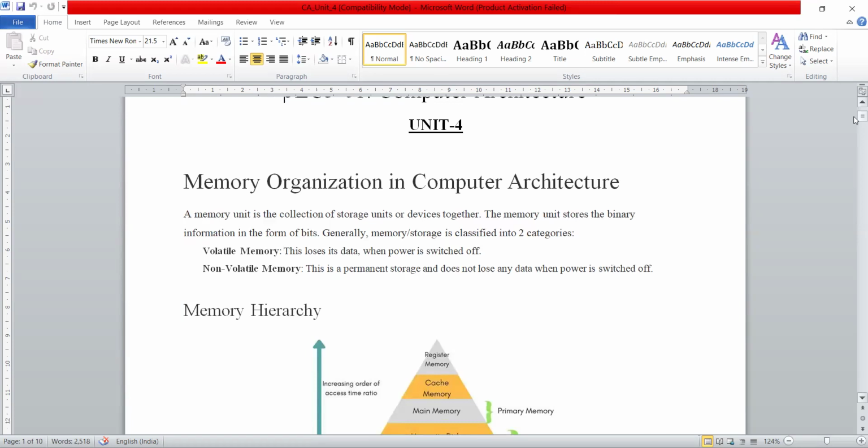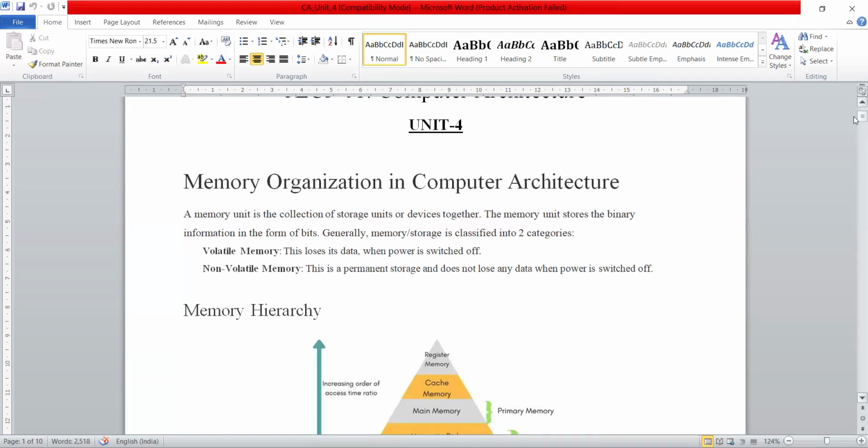Actually, we all know what volatile and non-volatile memory is. It is a basic classification of memory. Volatile memory is that kind of memory where data is lost when power is switched off. So we need non-volatile memory. On the other hand, non-volatile memory is that kind of memory where data is not lost when power is switched off.